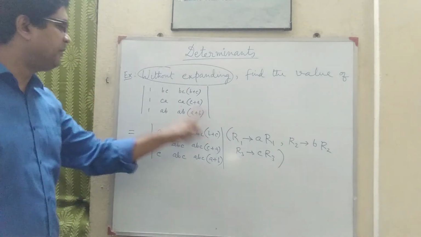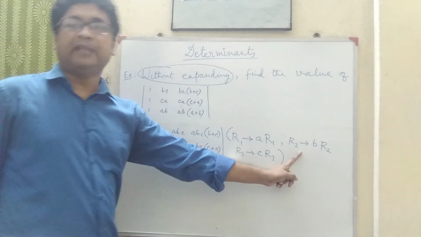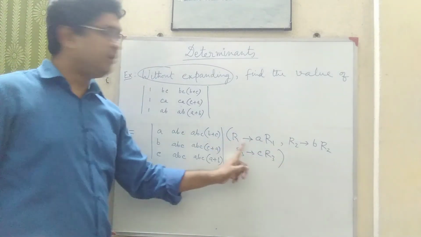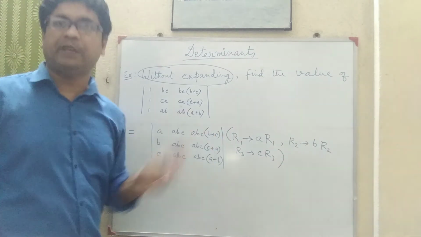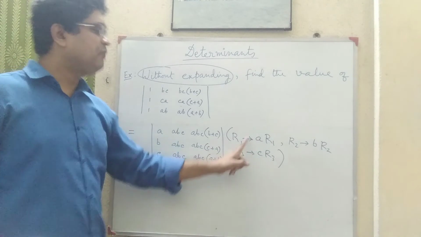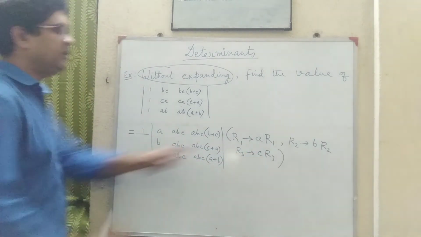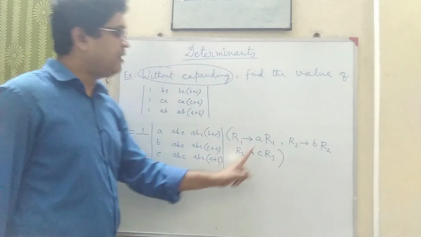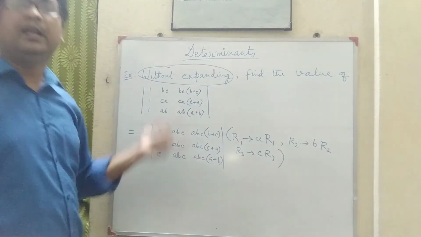So actually the determinant will become this, but when we apply this elementary operation, that is when we multiply rows or columns by some constant, we also have to divide the determinant by that constant. As we have multiplied R1 by A, we have to divide by A. Similarly, we have to divide by B and also by C. That means we have to divide the whole determinant by ABC.